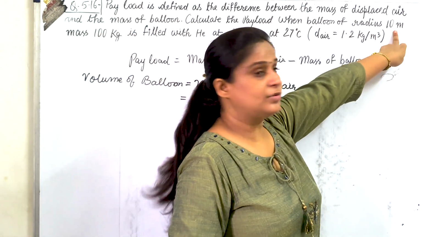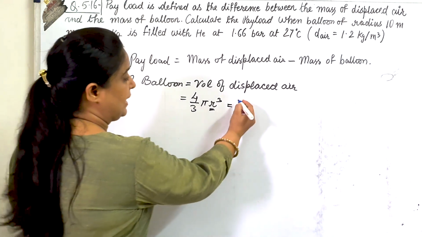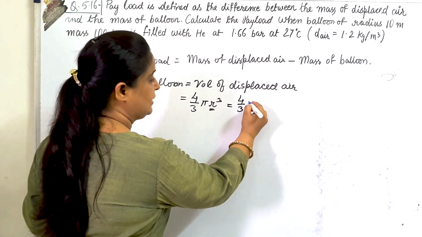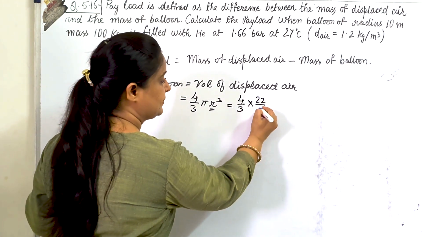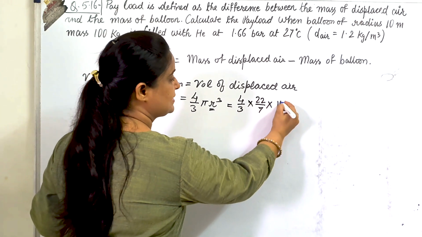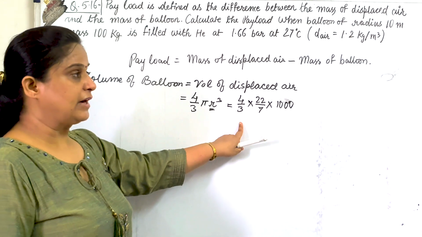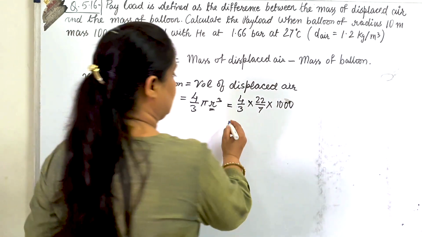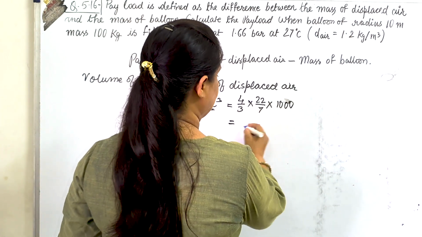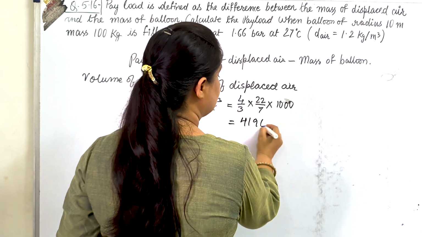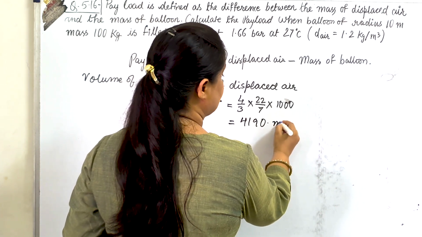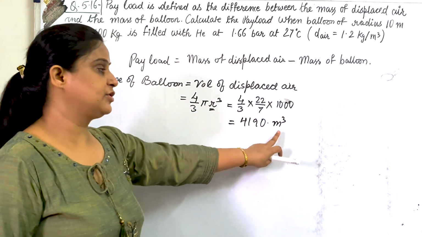The radius of the balloon is 10 meters. So I am applying this here: 4 by 3, pi means 22 by 7 and r cube means 10 cube, which I can take as 1000. If you calculate it, you will find it equal to 4190 meter cube.